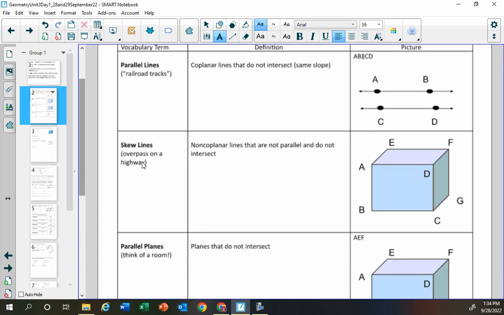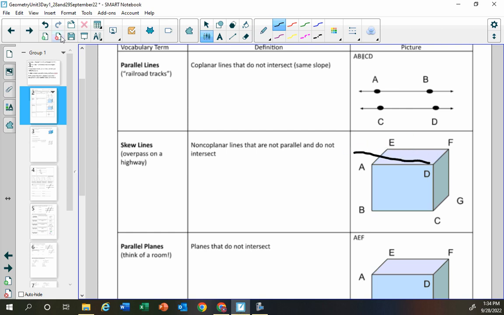Now, don't worry as much about a skew line, but the best way to think about it, pretend this is a bridge, right? You're walking on a bridge. What's usually under a bridge? Water. Now, are you ever going to touch the water if you're walking over the bridge?